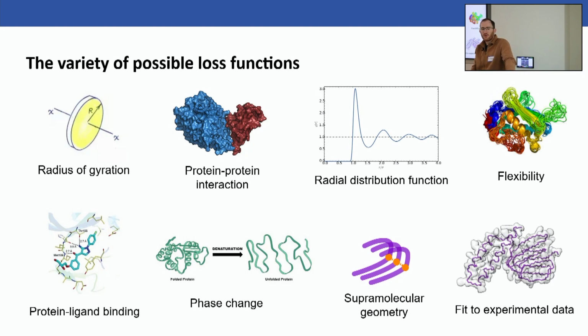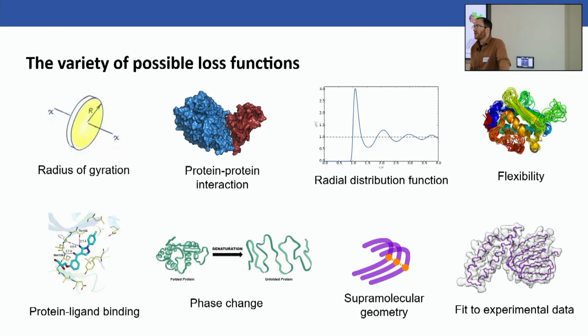One is that you can train all the parameters in the force field at the same time, which is the power of reverse mode AD. And it's something that's missing in every other parameterization approach for force fields. And then the other attraction is the variety of possible loss functions. So you can treat as a loss function anything which you can calculate from the trajectory in a differentiable manner.